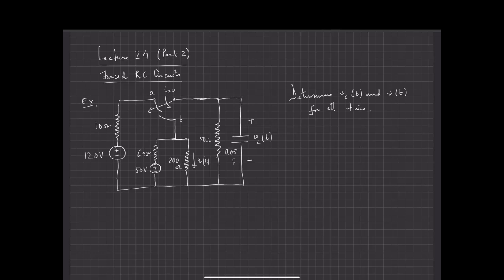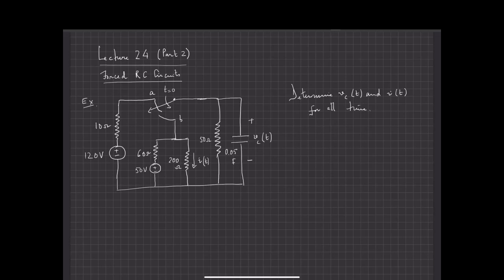All right. So let me first address the voltage across the capacitor. I'm going to determine the voltage across the capacitor first, and then I'm going to show you how to determine the current through the 200 ohm resistor. As I said, the procedure is similar to our RL circuits.